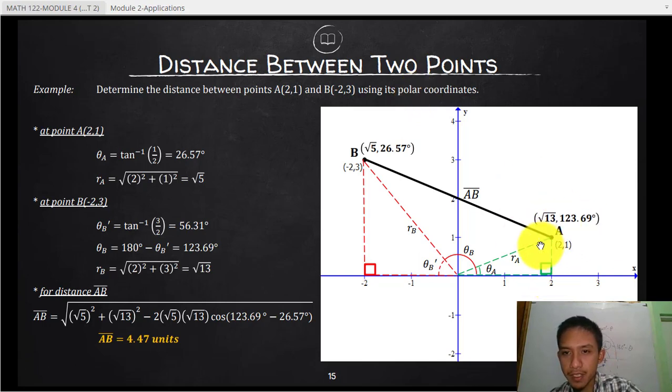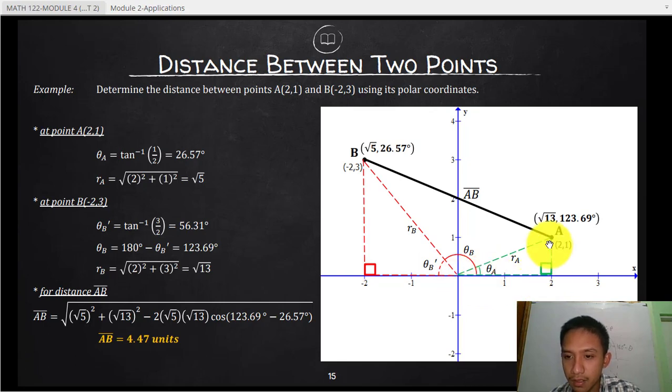So in the first place, I want to get first the polar coordinates. These are actually these values here, but I will discuss how that is done. So first, how do you convert this 2, 1 into polar coordinates? So again, create your right triangle. This is your R. That theta A, okay, we are fortunate that is just automatically our theta.